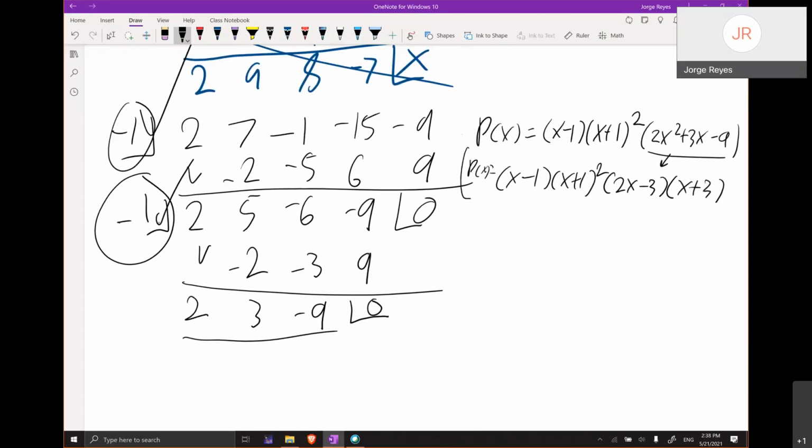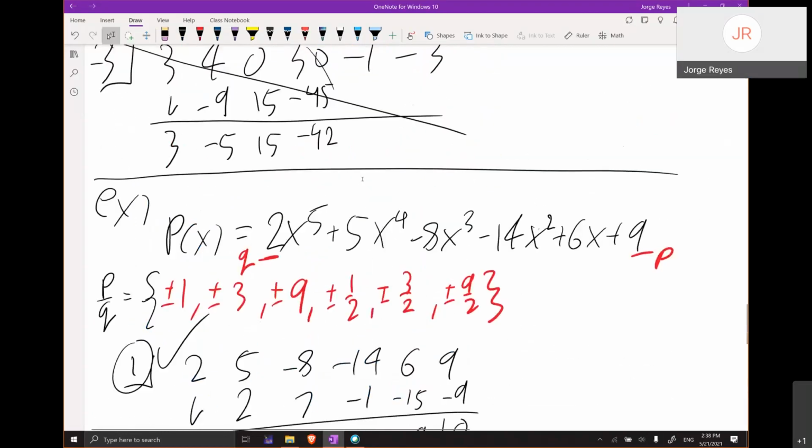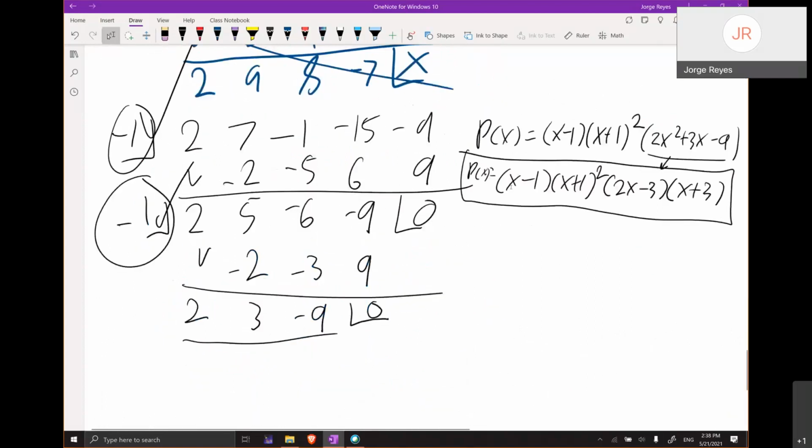One thing I want to make a big deal about is what question am I actually asking. Here I didn't even ask the question, but if the question was to factor P, then this is the answer. I fully factored it.